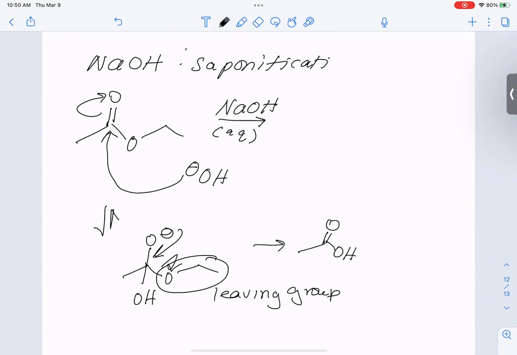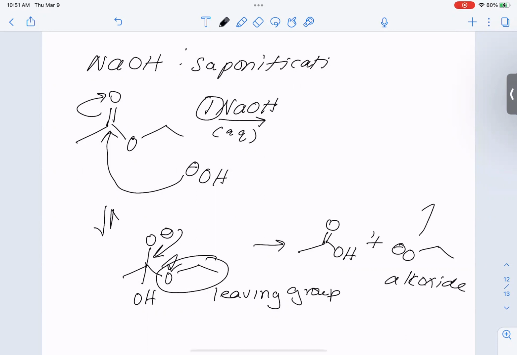And we get our carboxylic acid plus an alkoxide. So NaOH is the first step.